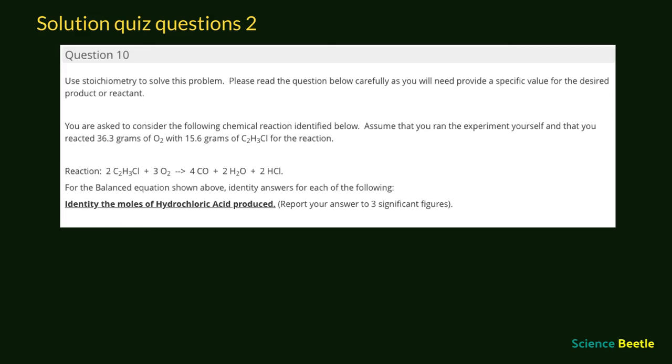Assuming that you've already done the work to identify the limiting reactant, all you really need to do is compare the ratios between the desired product, the HCl, and the limiting reactant. In this case, the ratio is 2 moles of the limiting reactant to 2 moles of the product HCl. So the ratio is 2 to 2, or 1 to 1. And if we know the moles of the limiting reactant, we know the number of moles for the desired product, HCl.